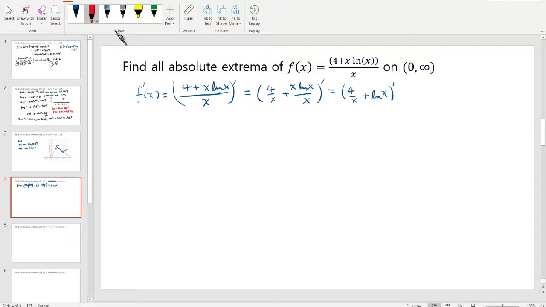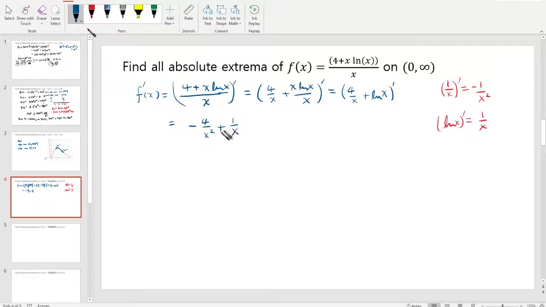And I want you to memorize these formulas. 1 over x prime is negative 1 over x squared. And ln of x prime is 1 over x. So using that, we see that the derivative must be negative 4 over x squared plus 1 over x.